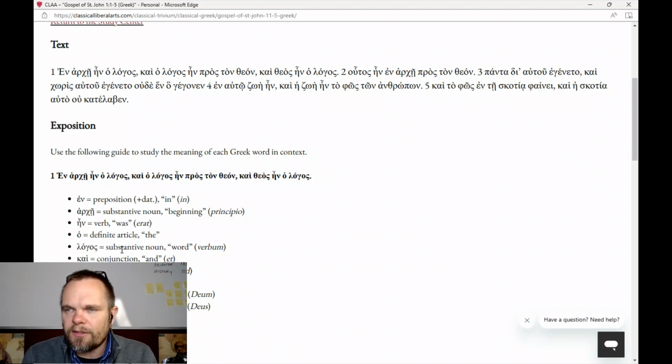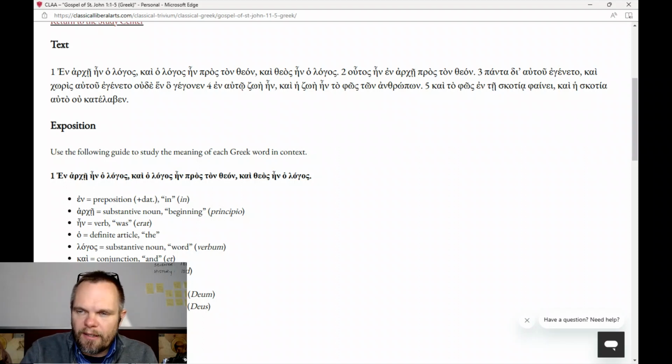But here in this first verse, the preposition pros in this context is translated with, and it's comparable, as you can see, to the Latin preposition apud. So pros, with, ton theon, with God. In the beginning was the Word, and the Word was with God.